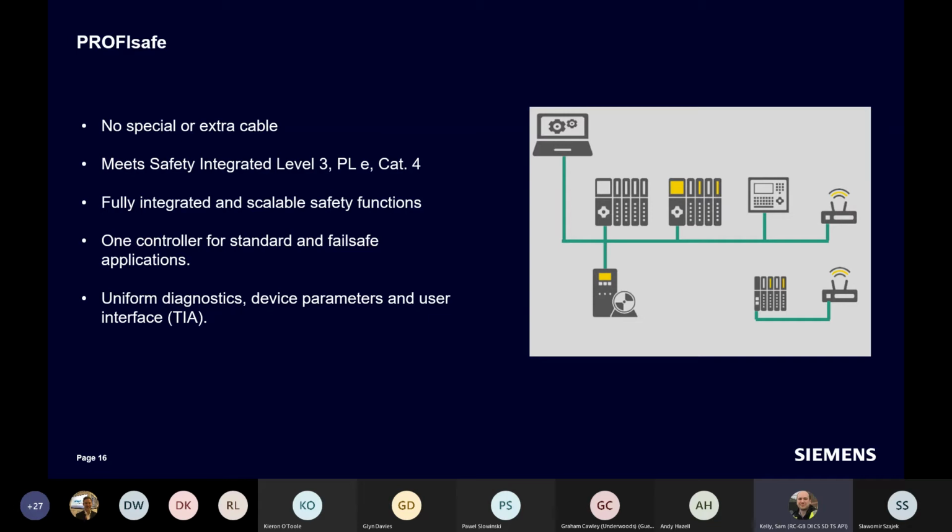And one of the key benefits is that we've got just one controller which controls not only the process, the standard code, but also the fail-safe applications as well. Okay, so it's not like we have to have a standard PLC and a separate fail-safe PLC, for instance. We can have it all in one device.